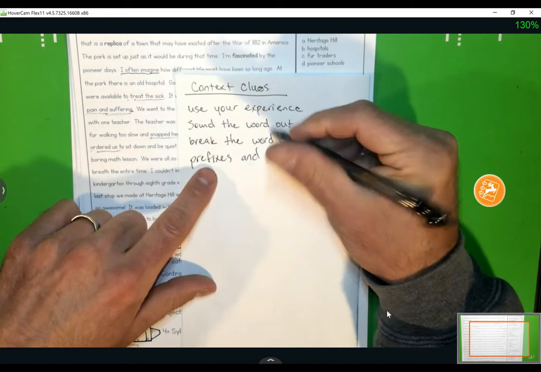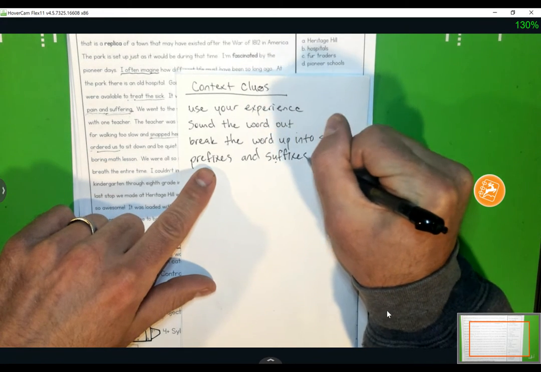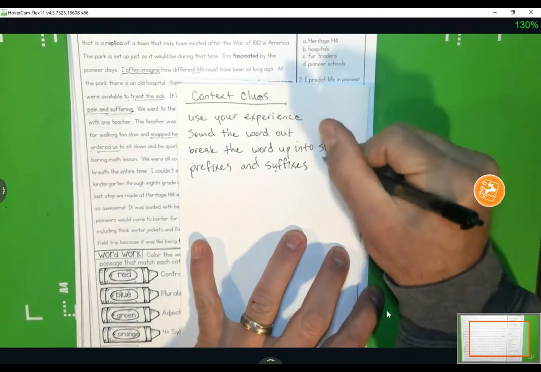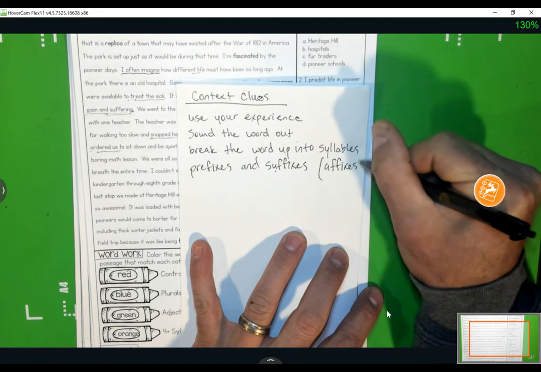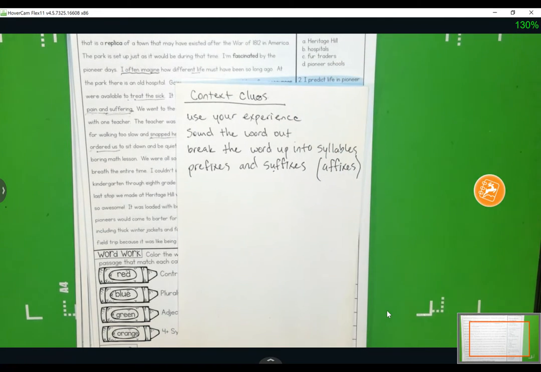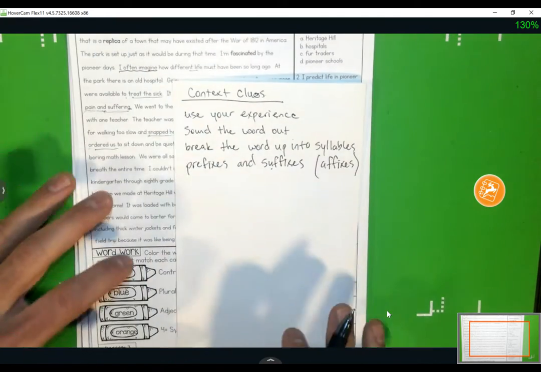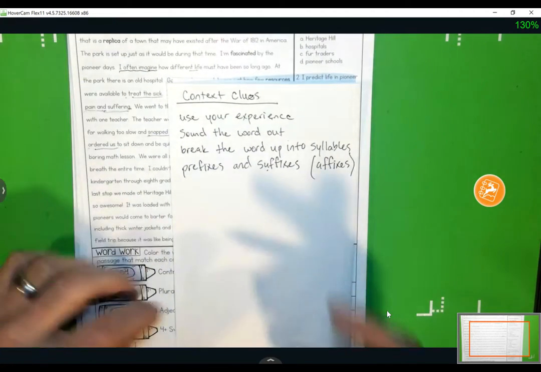Your prefixes are your word beginnings and your suffixes are your word endings. So your affixes are both of these. So those are 4 things that we can do before we've even tapped into looking at the sentences.